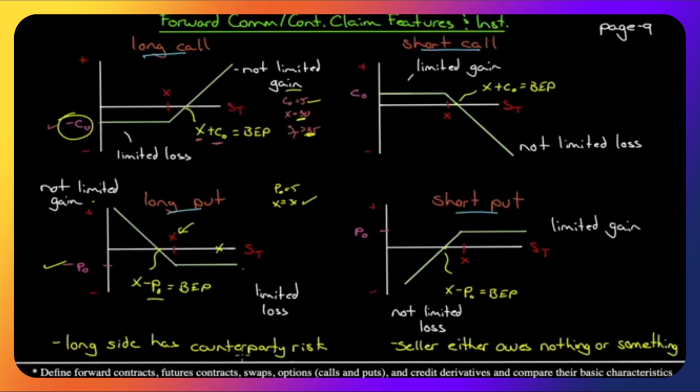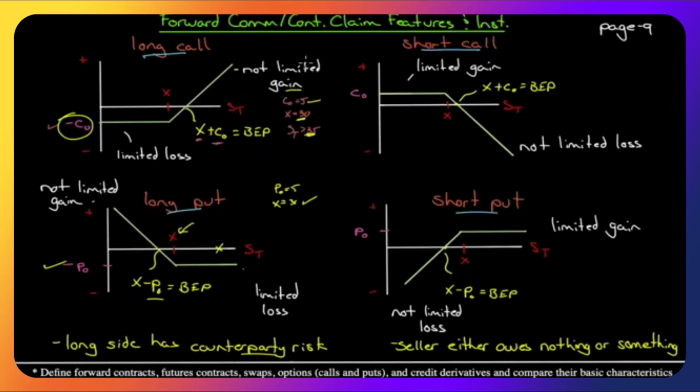And the long side has counterparty risk, because the long side will either have an option that's worth zero or it's worth something, which means the other side will either owe it nothing or something. The long side can never owe the short side anything because you paid for the option up front.